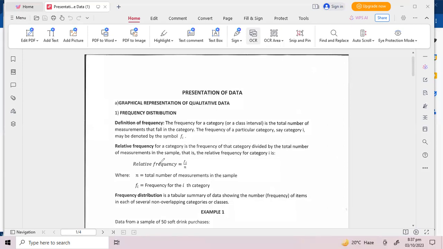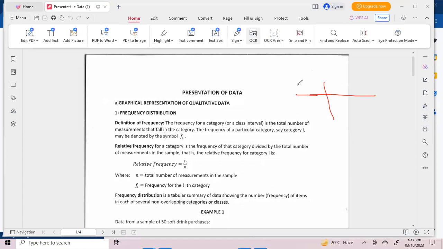Then there is what is known as relative frequency. I'll give an example. Let's say in the class you have men and then you have female.